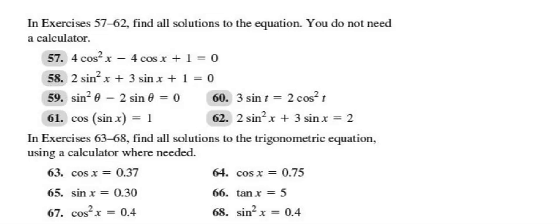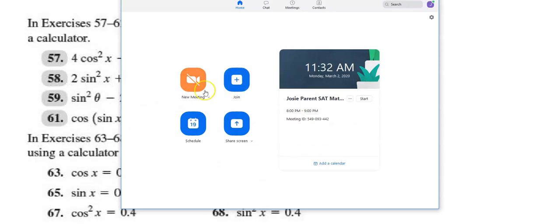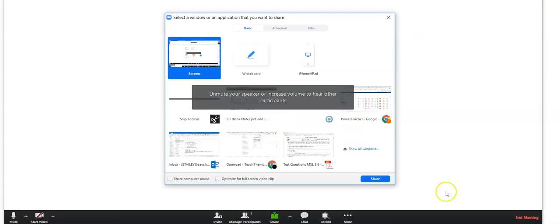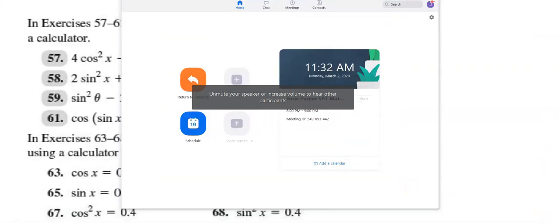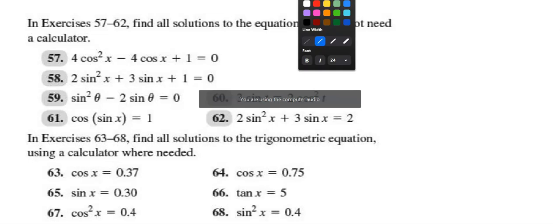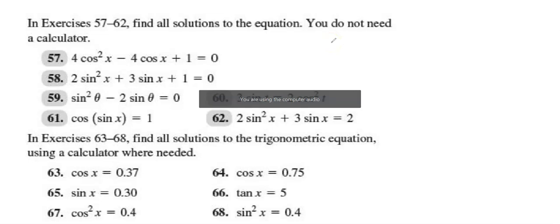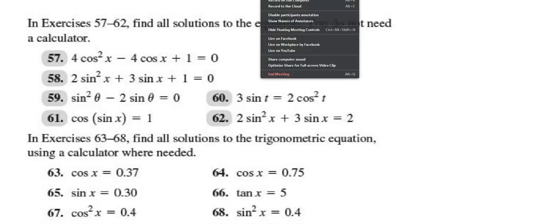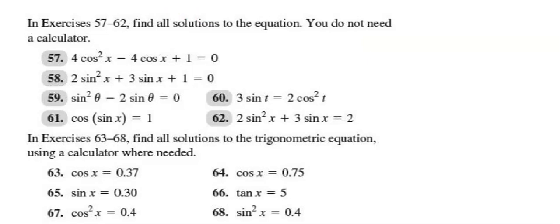Let me use my other writing tool. Cosine of sine x equals 1.